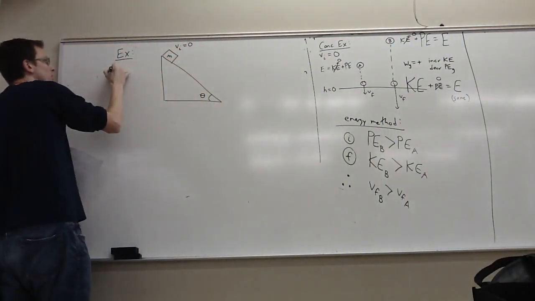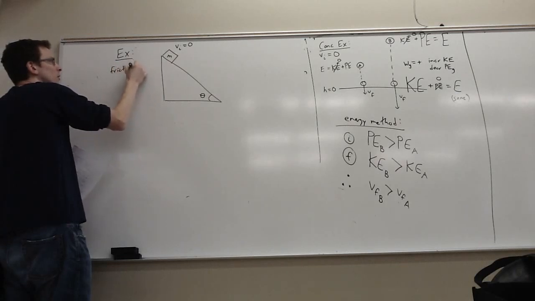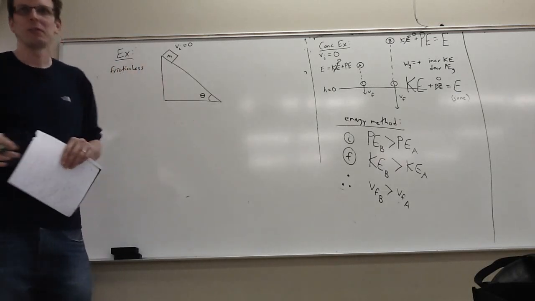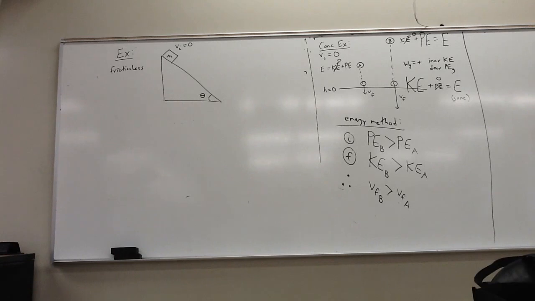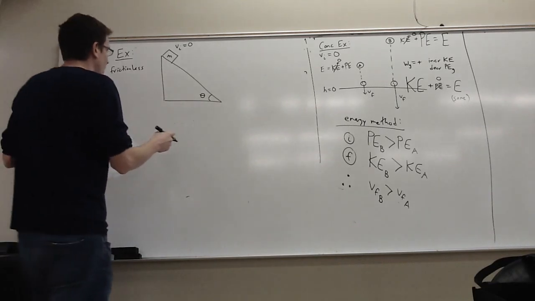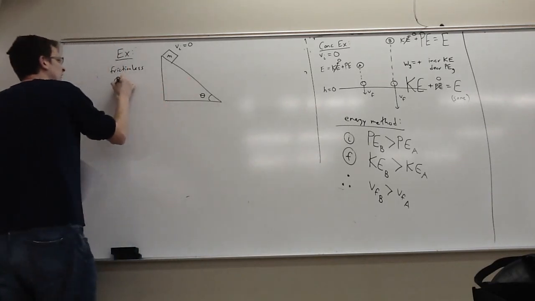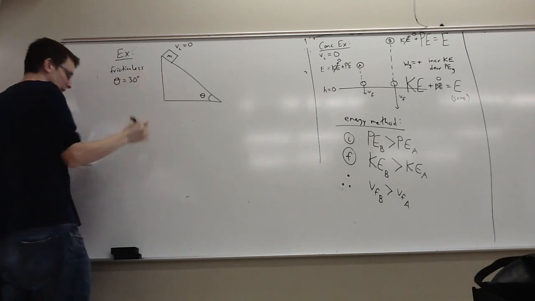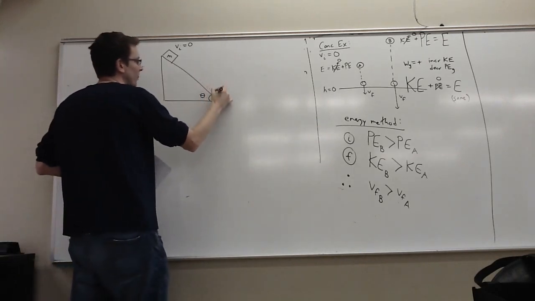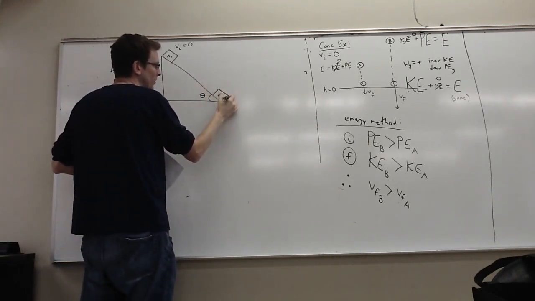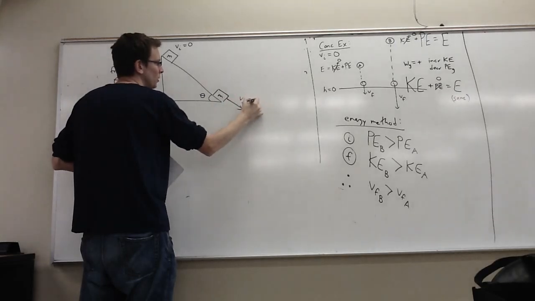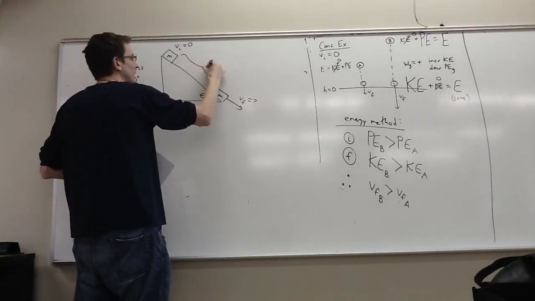It is going to be frictionless. Right now we can't incorporate friction yet into our energy methodology. I'm going to say that the angle of the incline is 30 degrees. And I'm going to say that I want to know the speed when it gets to the bottom if it has a chance to slide 6 meters.